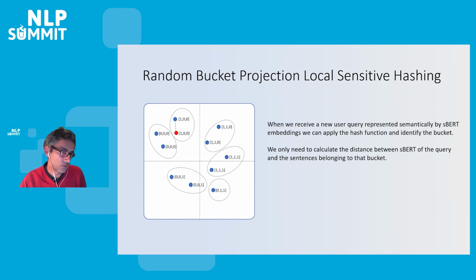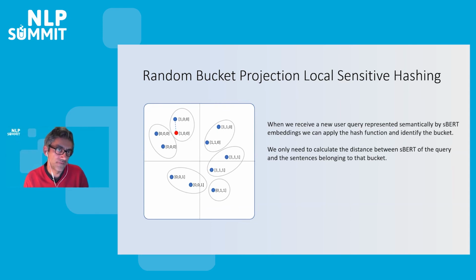So you can do it in a very efficient way. You can say, okay, now I will calculate the distance, but not for all the sentences in the corpus, but only for those sentences that are falling into the same bucket, that are probably the sentences with a higher semantic similarity. So we are reducing the number of calculations we need to do.